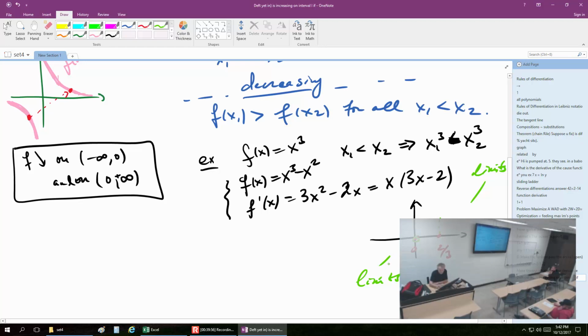What does it mean? Hold on a second. Increasing, decreasing, increasing, decreasing, and so the only way for this thing to work out is this. No, hold on a second. Yeah, okay, like this.